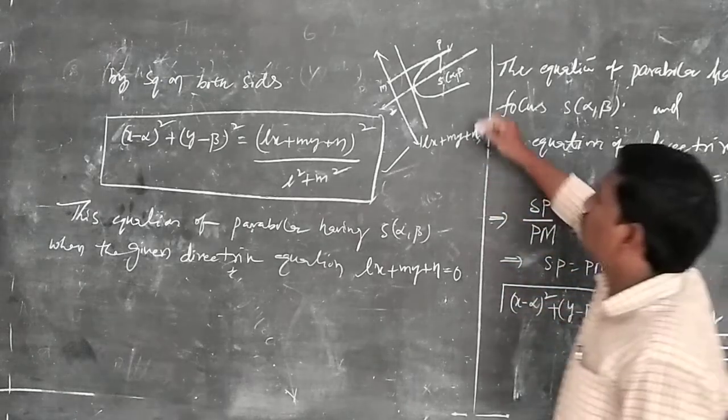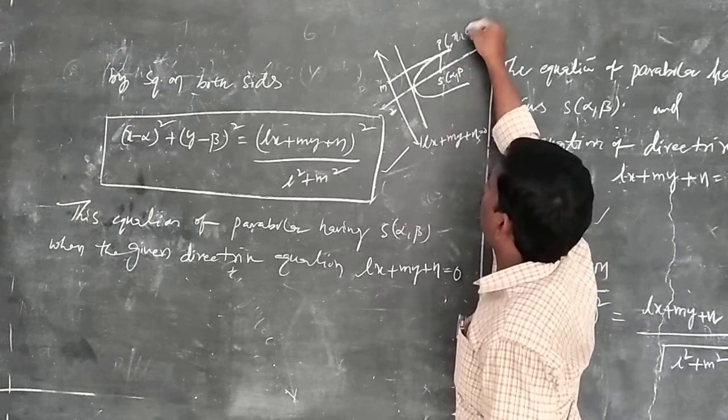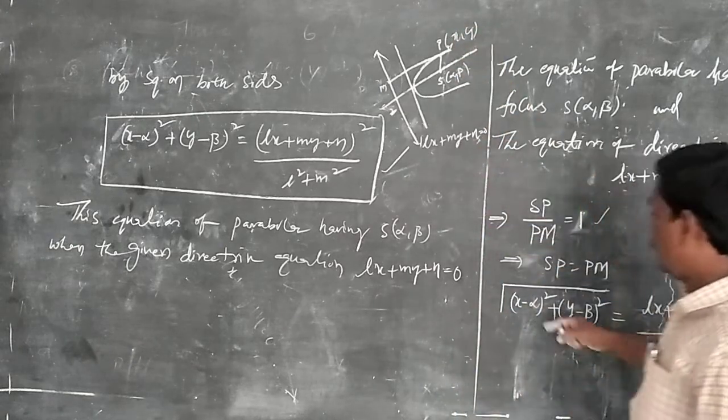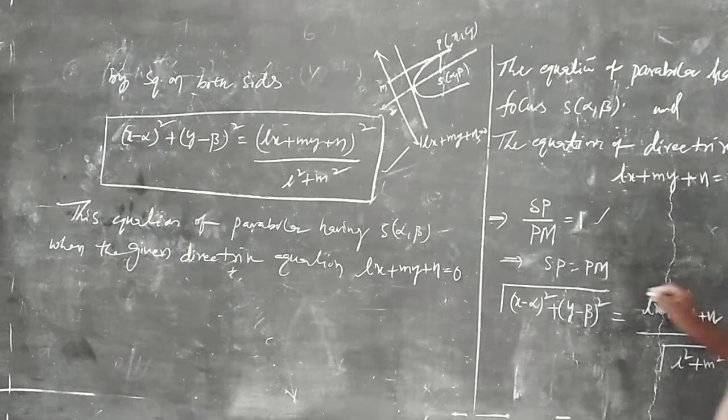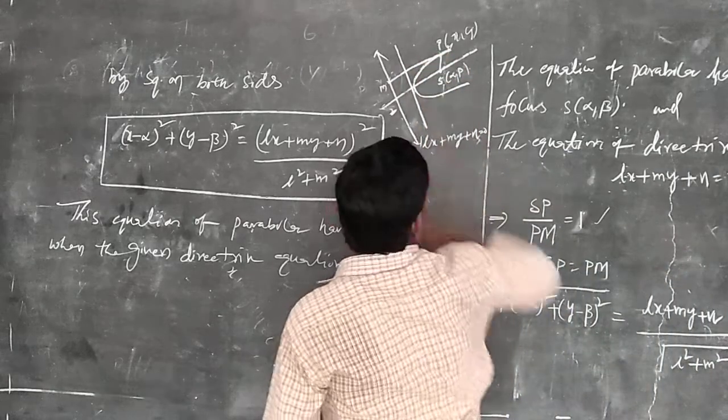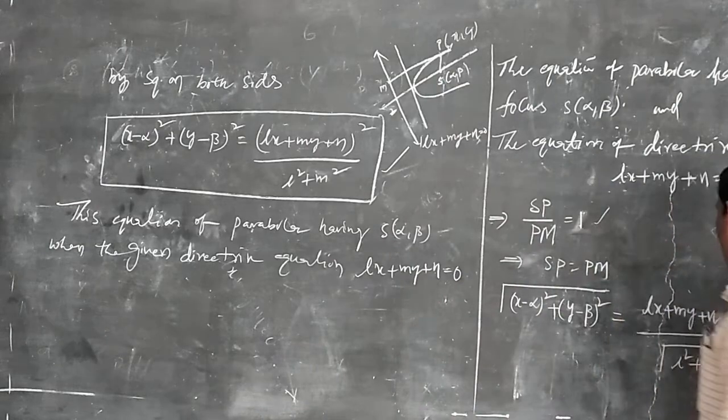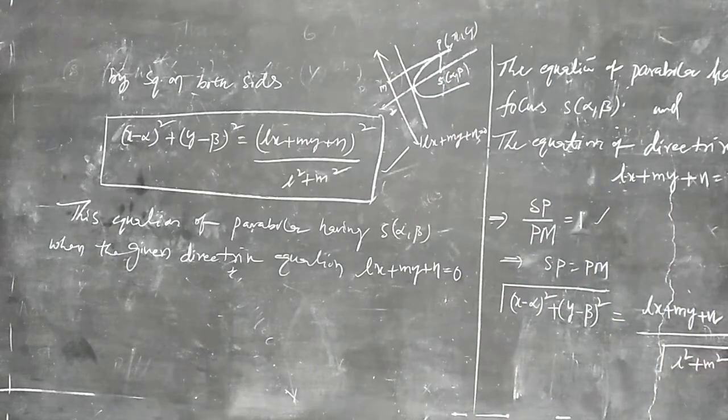SP is the distance between the 2 points P(x, y) and (alpha, beta), so (x minus alpha) whole square plus (y minus beta) whole square equal to the perpendicular distance, Lx plus My plus N by root of L square plus M square.